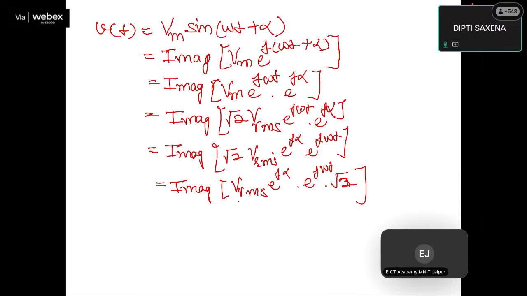So look at this component, Vrms e raised to the power j alpha.